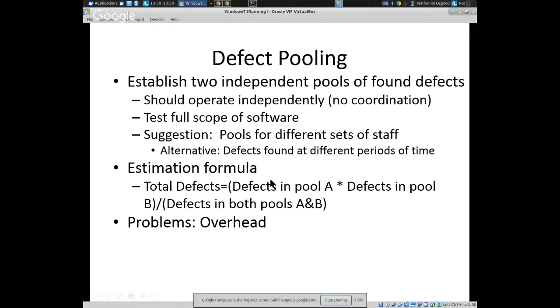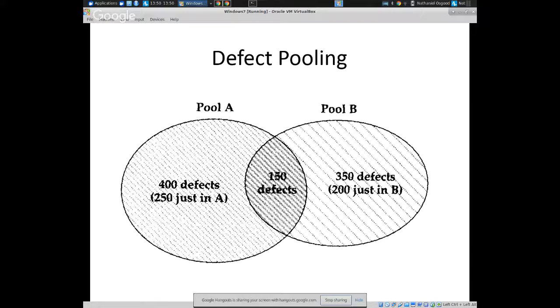So the estimation formula is basically the same deal as before, okay? It can be boiled down to defects in pool A times defects in pool B divided by defects in both pools. So suppose you have pool A here, you're going to multiply it by 350 divided by 150, okay?